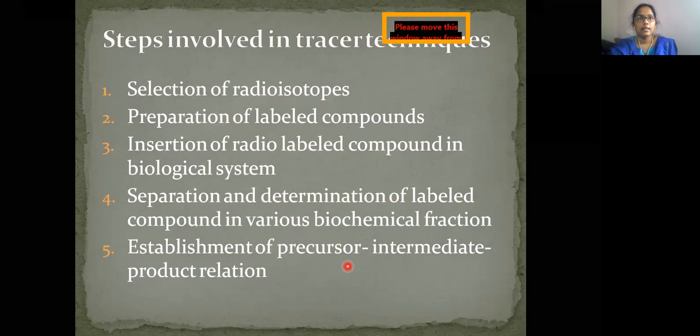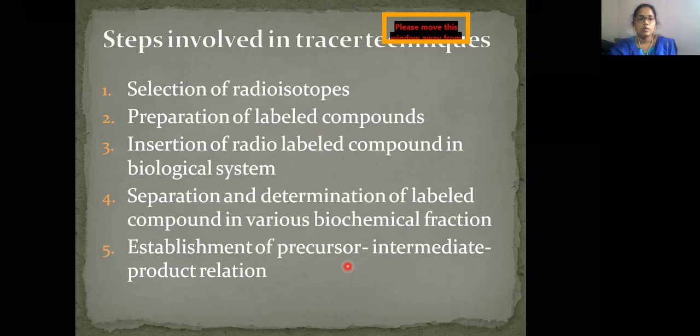We can use carbon, hydrogen, and nitrogen. Nitrogen can be employed in case of amino acids, right? So the selection of radioisotopes is very important. For example, in case of amino acids, they consist of nitrogen as well as an amino group and an acid group.